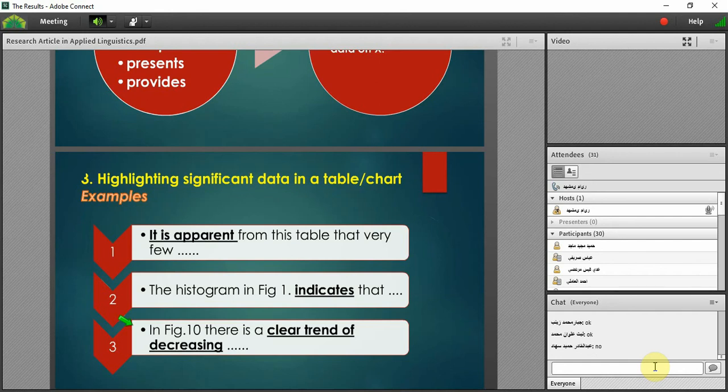So you need to highlight the significant trends, the significant results after that table, to tell the readers: you have all numbers, but the summary of all those numbers in the table is like this. This is the main trend between the variables. Okay, is that easy, everybody? Did you get my point, everybody?